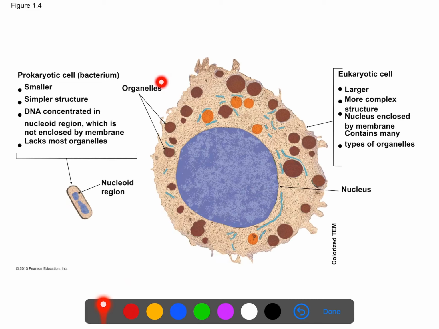Generally, eukaryotes are larger and much more complex than prokaryotes are. And you can see here the relative size and complexity difference.